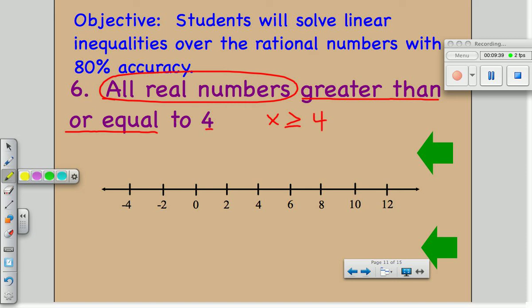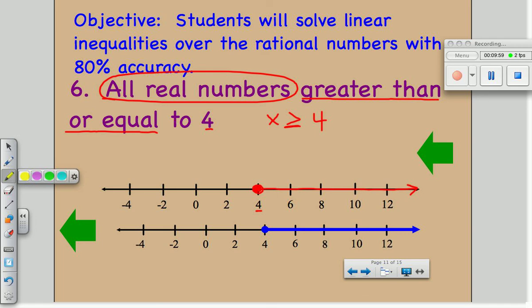So now let's go ahead and graph it. 4 is here. Since it could be equal to 4, that means 4 is a possible solution. I bubble it in. x is all numbers greater than that, then it goes this way. Here's all the numbers greater. Okay, so there's your line, and here's your answer.